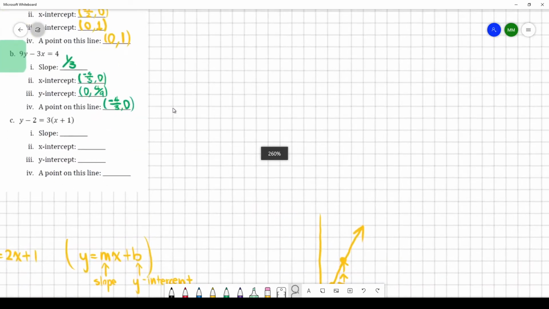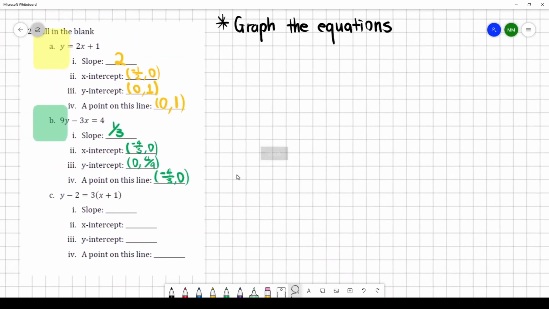So move on to 2C. 2C here is in point-slope form, right? It's y minus y1 is equal to the slope times x minus x1, where x1 and y1 are a point.